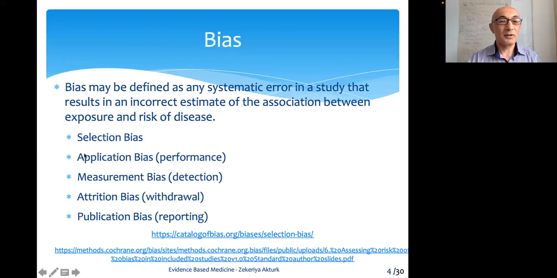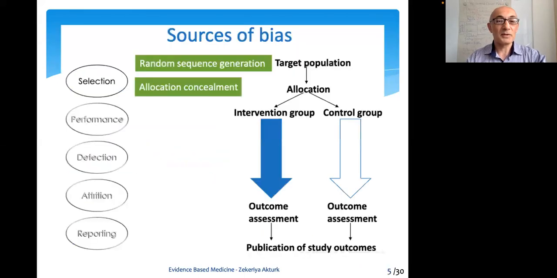It will be limited on selection bias, application bias, or we call it performance bias, measurement bias or detection bias, attrition bias, or loss at follow-up or withdrawal bias. And lastly, publication bias or reporting bias will be mentioned during this particular presentation.